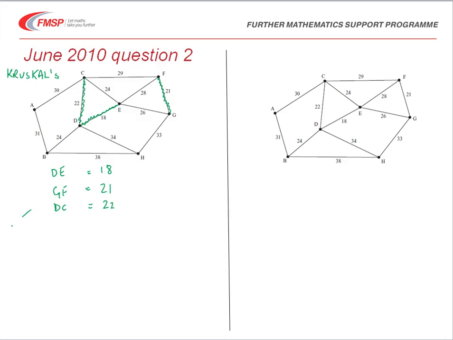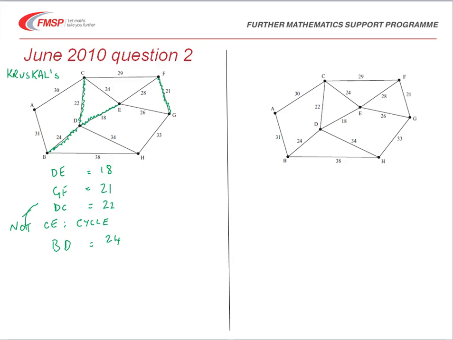But we can't use CE because that would produce a cycle. You can see it would give us from C to E to D and back to C in a closed triangle. But we can then use BD. And that's size 24.